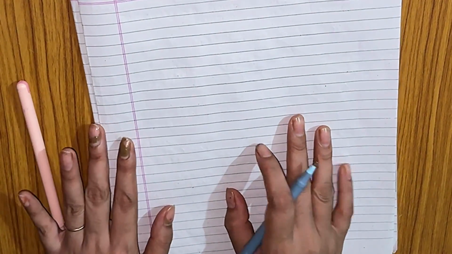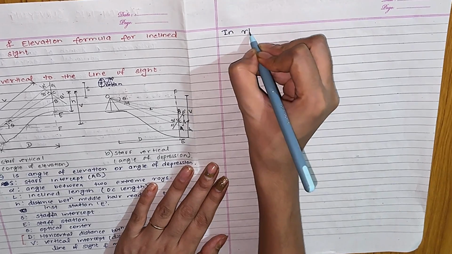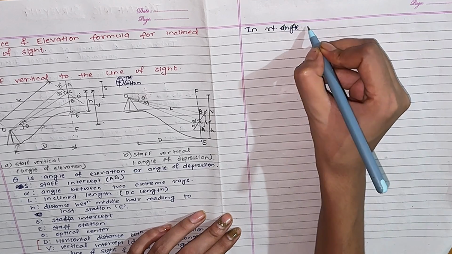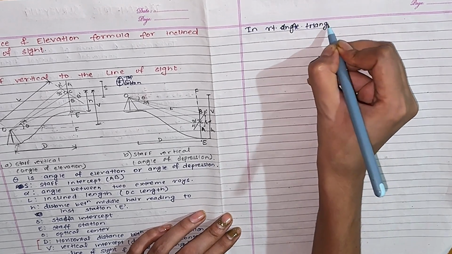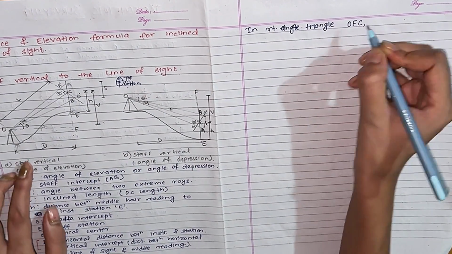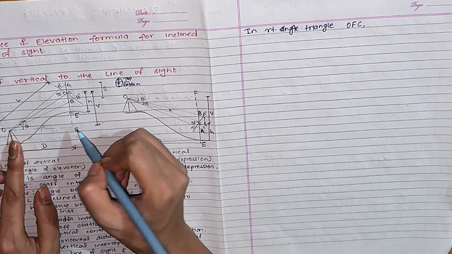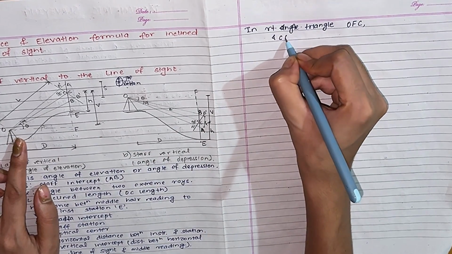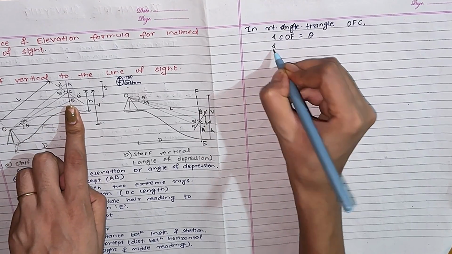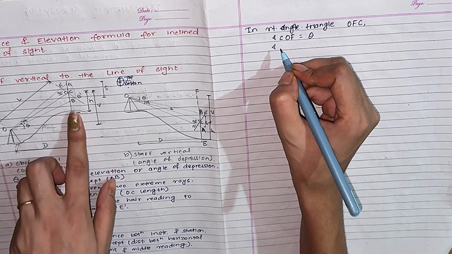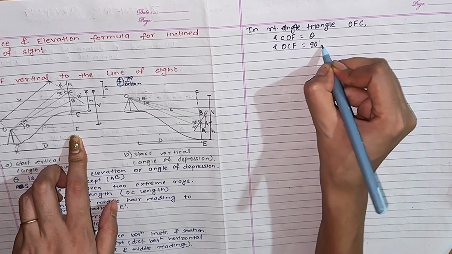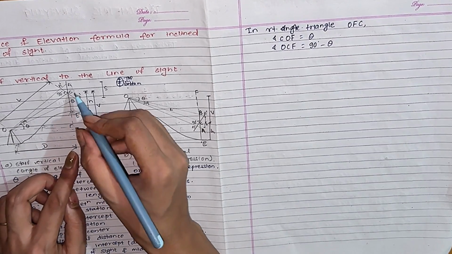Now here, in the right angle triangle OFC, angle COF is equal to theta, and angle OCF will be equal to 90 degrees minus theta, since this is also 90 degrees here.